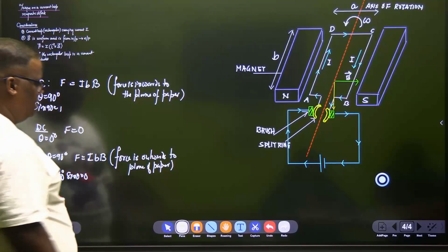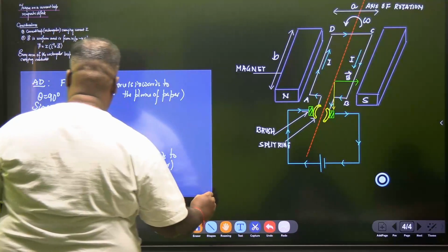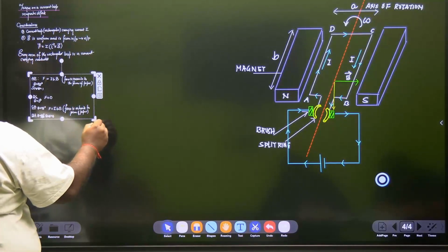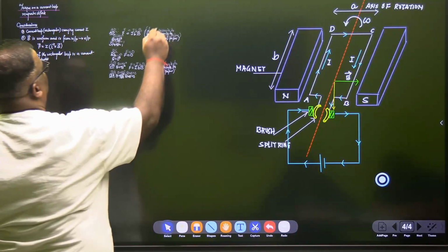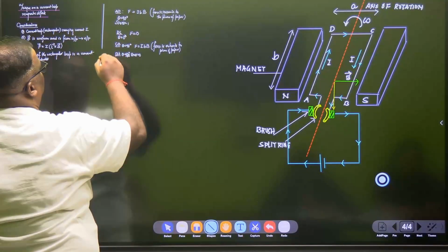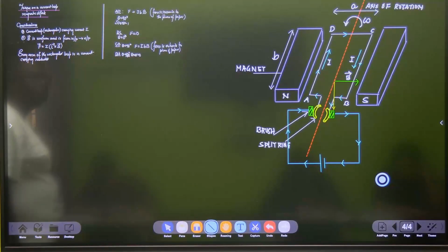Right? Making this again go smaller. You have understood this part also. So I'm making this smaller now, and I'm putting it here. Clear?